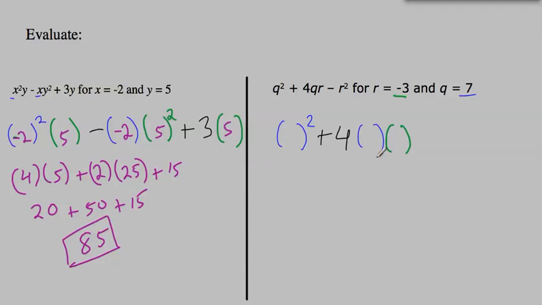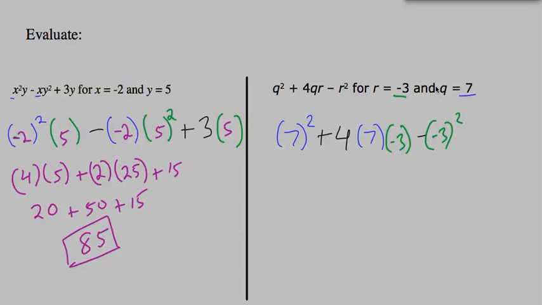And I keep saying something because I don't want to plug it in until the very end. Minus something squared. Everywhere there's green, I'm going to put in a -3. Everywhere there's blue, I'm going to plug in a 7.